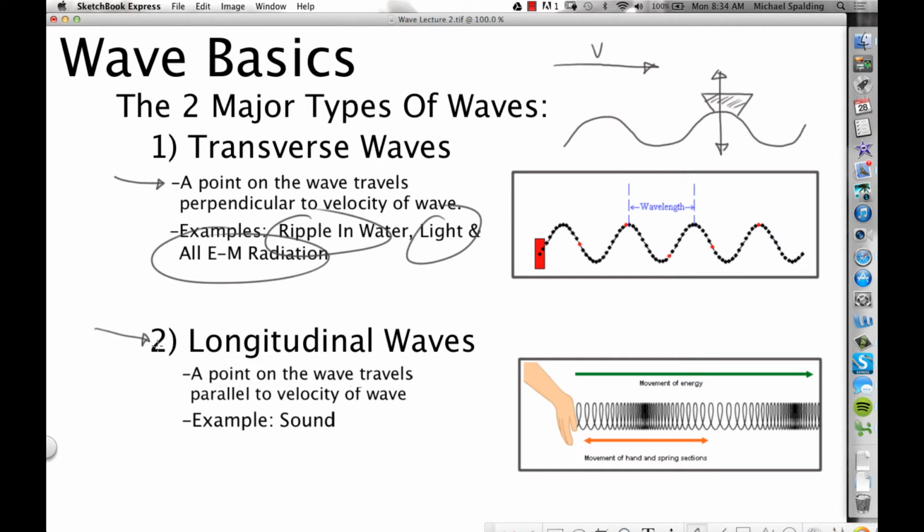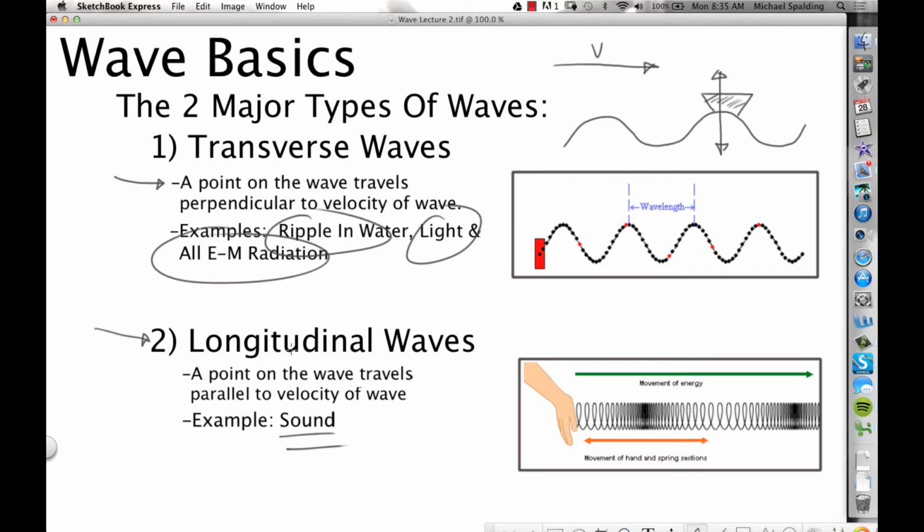Now, longitudinal, there's really one key example of longitudinal waves, and that is sound, or a wave pulse traveling down a slinky. For a longitudinal wave, imagine I had a slinky attached to the wall, and I pull the slinky straight back, right? Not up and down. I pull the slinky straight back, let it go.